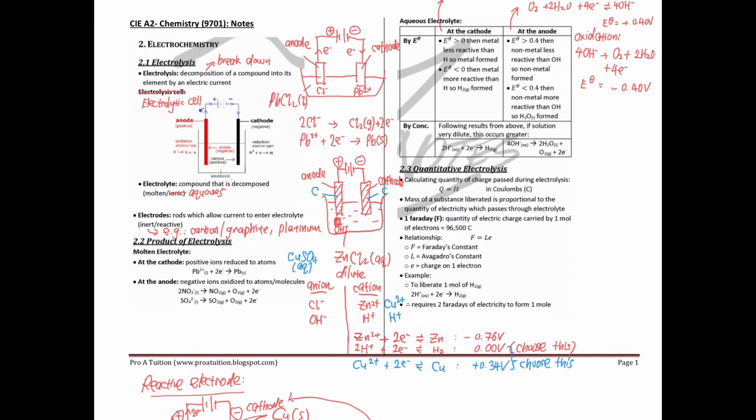Chloride changes to chlorine plus 2 electrons, so balanced, and negative 1.36.